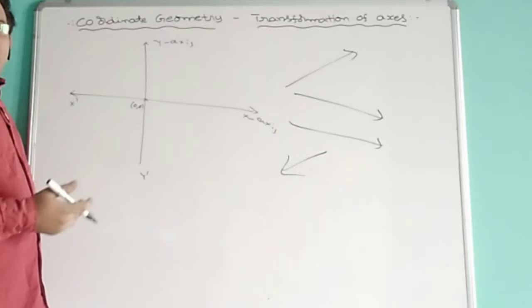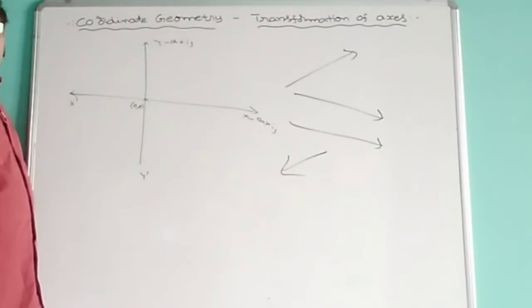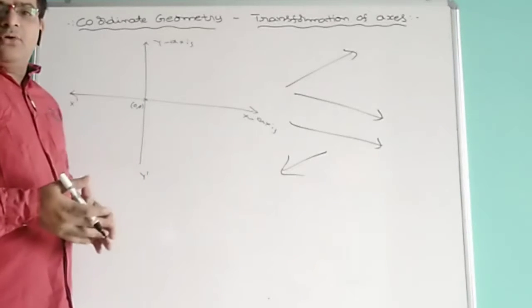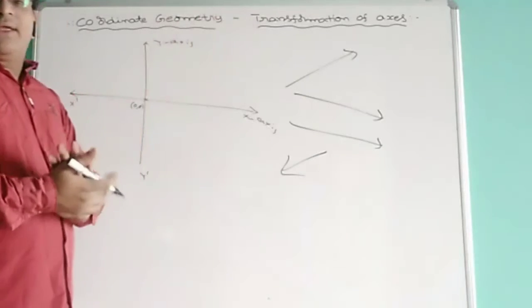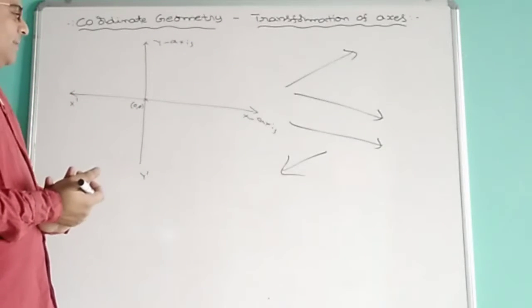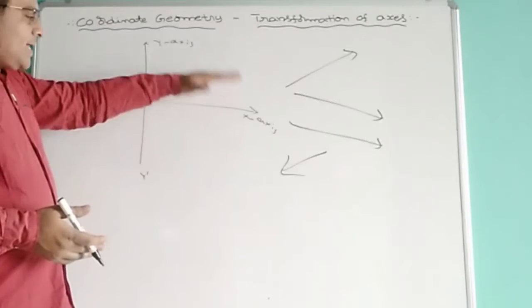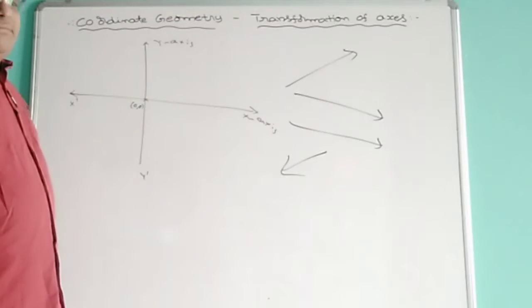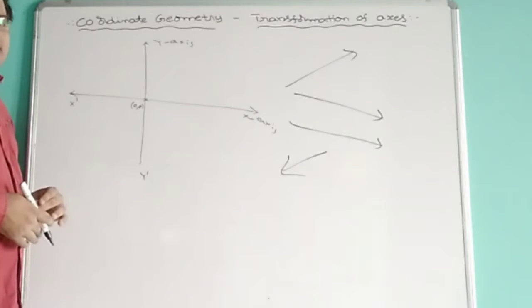Then automatically the considered point is also shifted. How to shift it, and what is the new point? All of that is called transformation of axes. Here there are two categories: the axes rotating and the point being transferred. This concept is called transformation of axes.